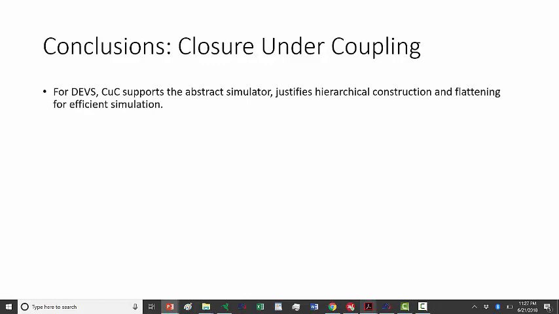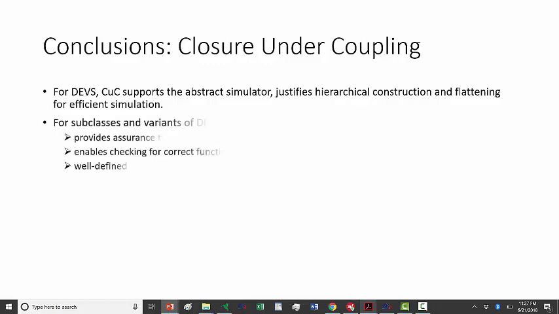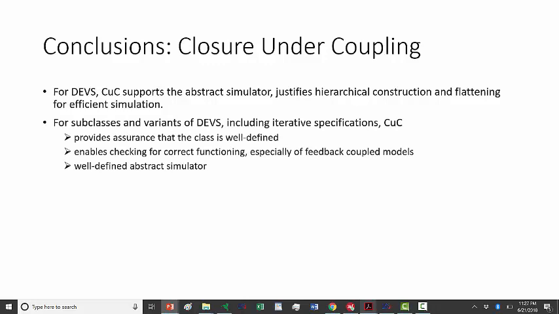In terms of closure under coupling, for DEVS, it supports a number of important concepts. The abstract simulator justifies hierarchical construction and flattening for efficient simulation. We have talked about subclasses and variants of DEVS, and if we include iterative specifications, this closure provides assurance that the class is well defined.